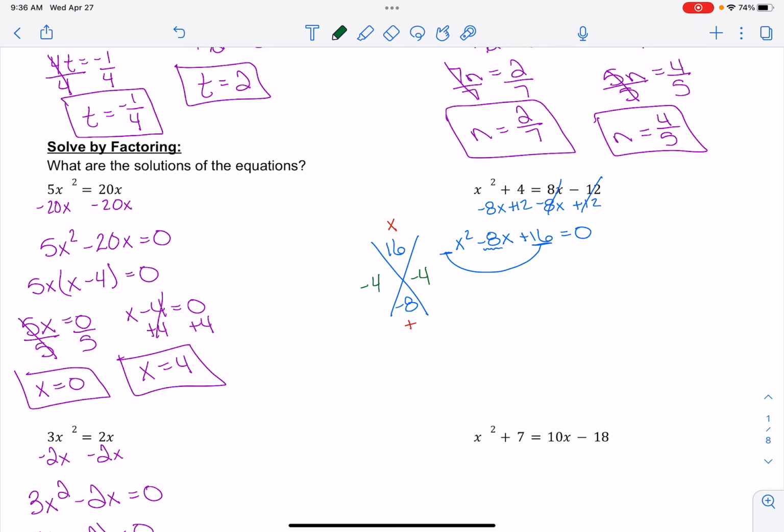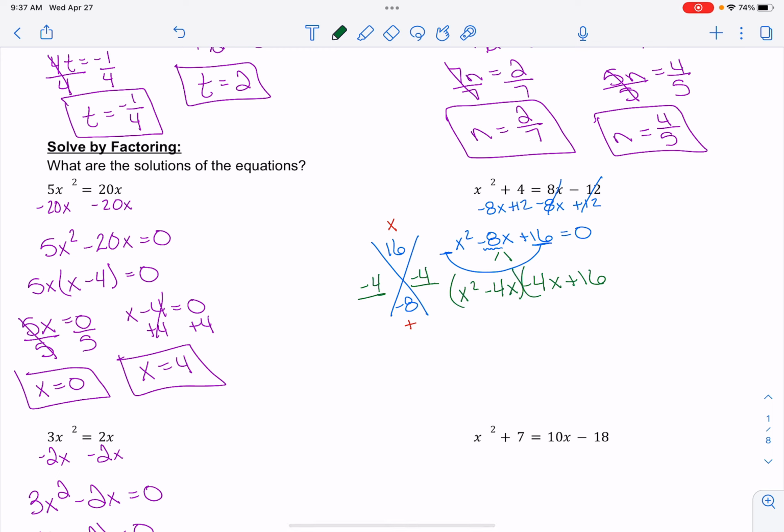And then remember, we have to rewrite our equation. So instead of this negative 8x, we're now going to have x squared minus 4x minus 4x plus 16. So these two pieces replaced our negative 8x in the middle.